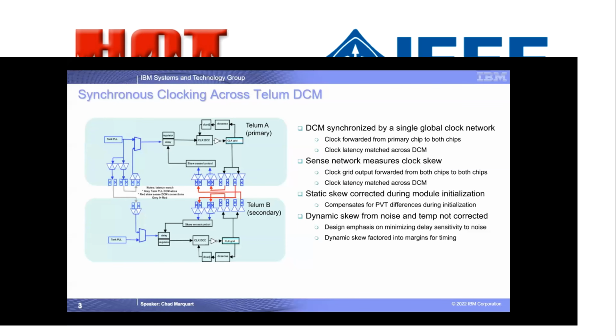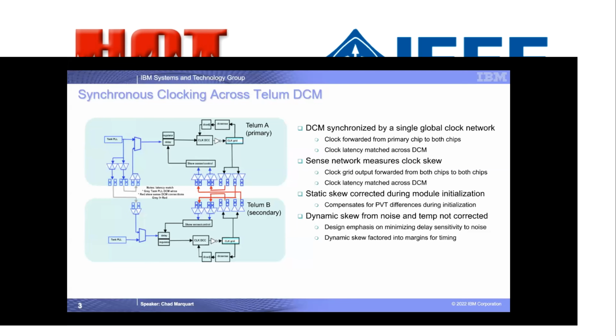Additionally, there is a sense network installed into the global clock network that is intended to measure clock skew between the two chips. This is accomplished by forwarding the clock grid across each chip and doing a similar feed forward and feedback in both directions, from primary to secondary and secondary to primary.